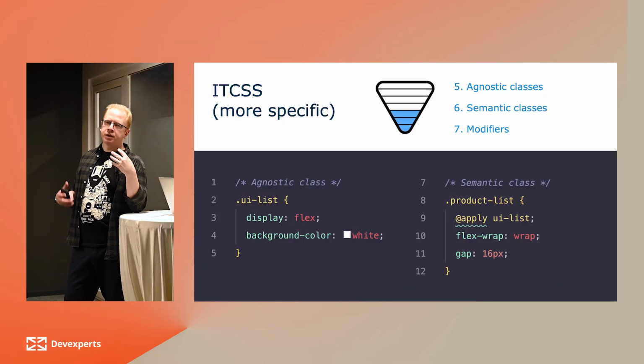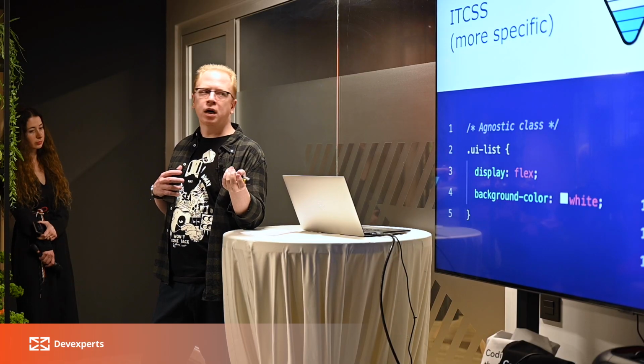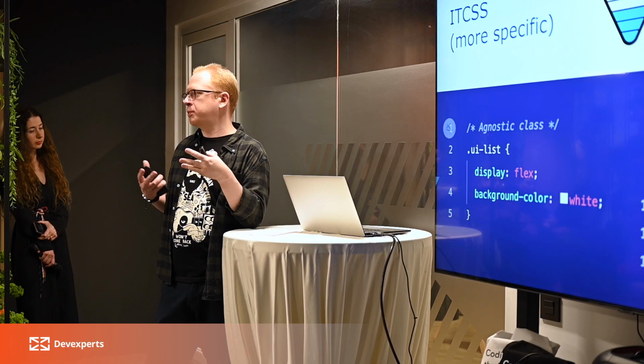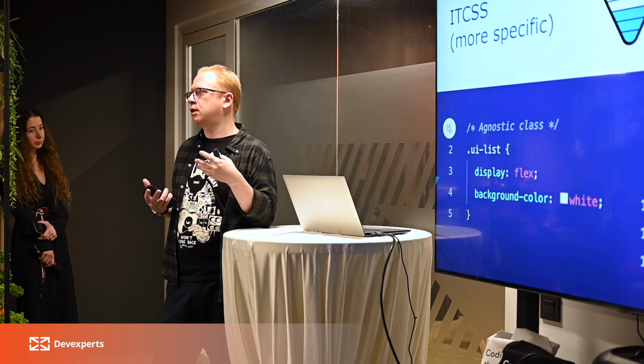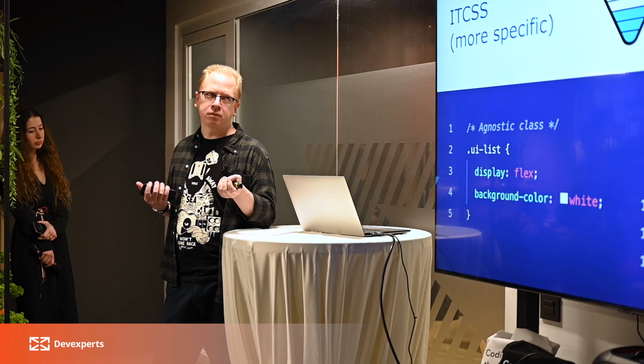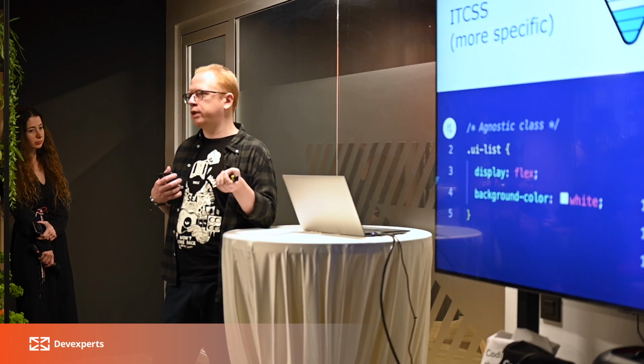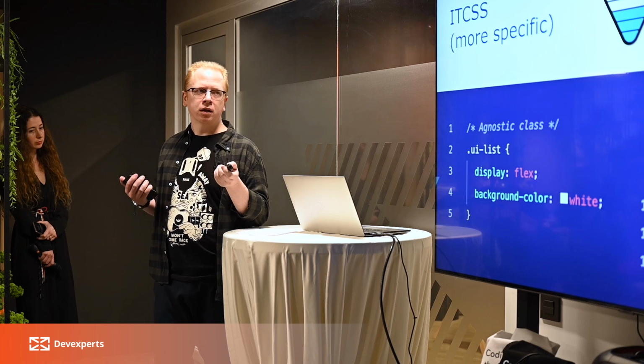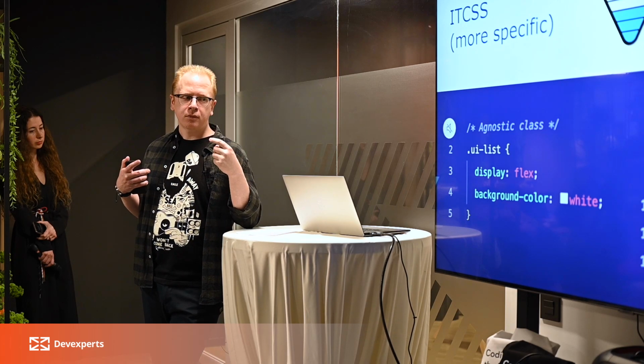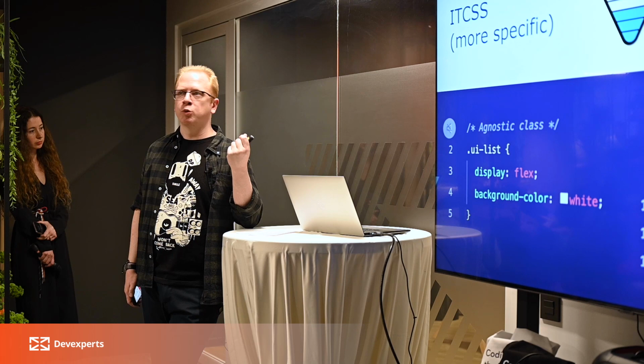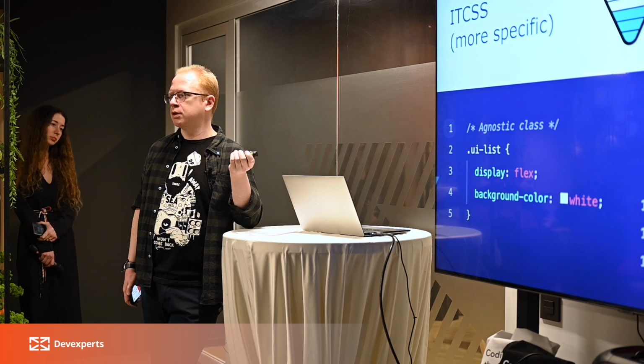They either could be agnostic, like a UI list or a form, or they could be more specific and bound to some business context, like a top navigation or a product list. And also the most specific layer is the modifiers of those classes.